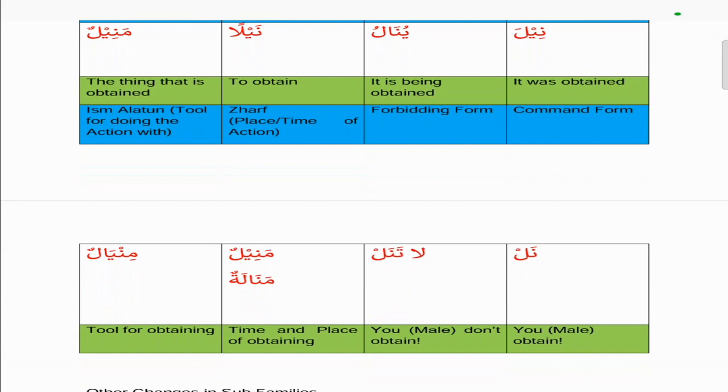Just as a reminder, the commanding and forbidding forms in these charts refer to the anta, you masculine version. So if you want the other versions, then you have to adjust the word appropriately, which is something that we've discussed in detail in the chapter discussing commanding and forbidding forms. So the forbidding form is la tanal, so you may not, or don't obtain.